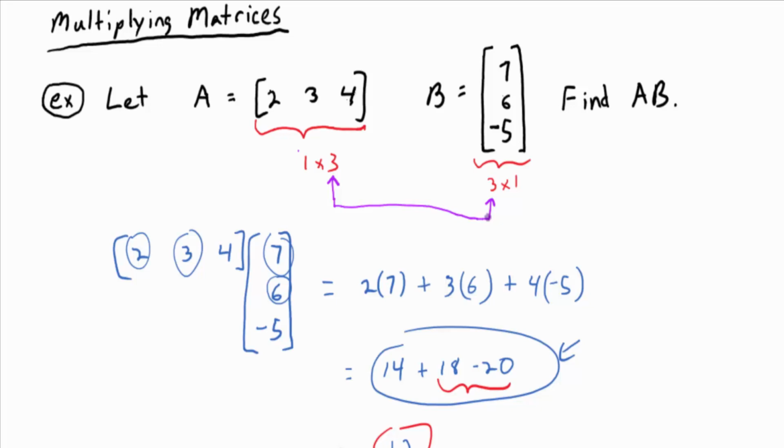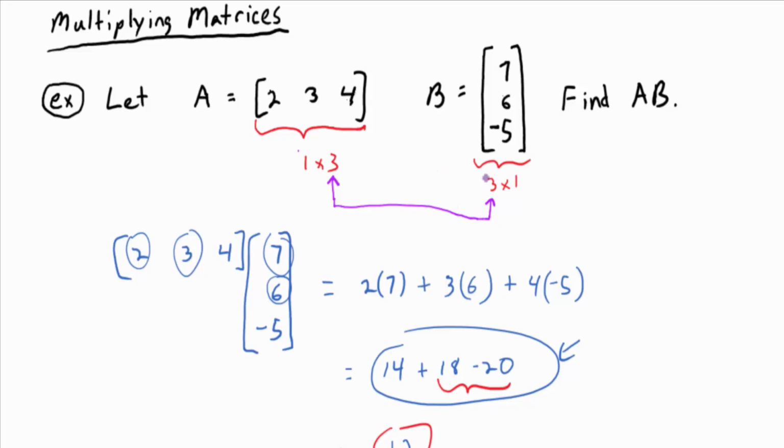So the number of columns in A, your row matrix, has to match the number of rows in B, your column matrix. That's confusing, so just remember that when you write down the orders, the inner numbers have to match up. And you have to write down the orders in the order that you're multiplying, because multiplication of matrices does not commute. You can't turn it around like you can with real numbers. And that's the reason for the correspondence.